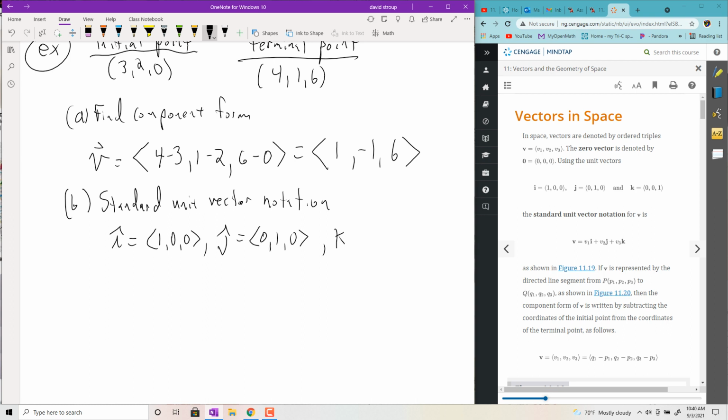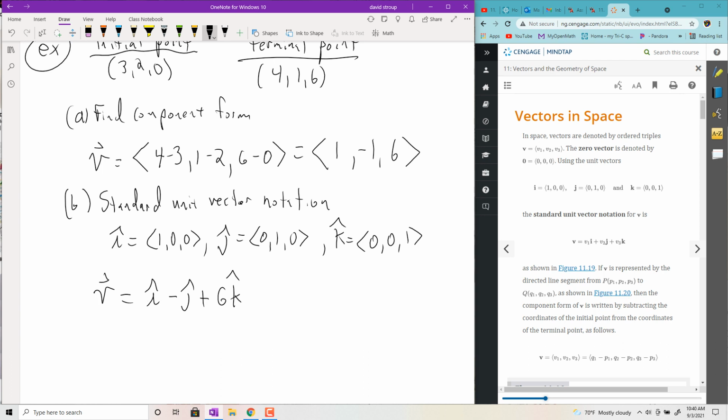And the vector k, the new guy, is going to be 0, 0, 1. To rewrite the vector in standard unit vector notation, you can literally just take the components and plop them in front of the i, j, k. So you can write 1i, in other words i, plus -1j, in other words minus j, and then plus 6k. That would be the standard unit vector notation for that vector.